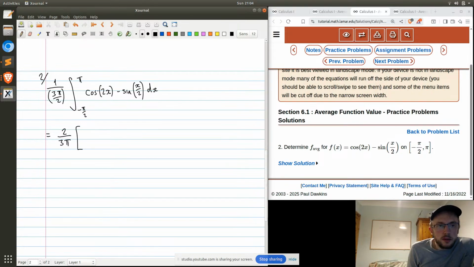What's the actual integral of this? Sine. Half of sine 2x. As for this one, cosine, like this.